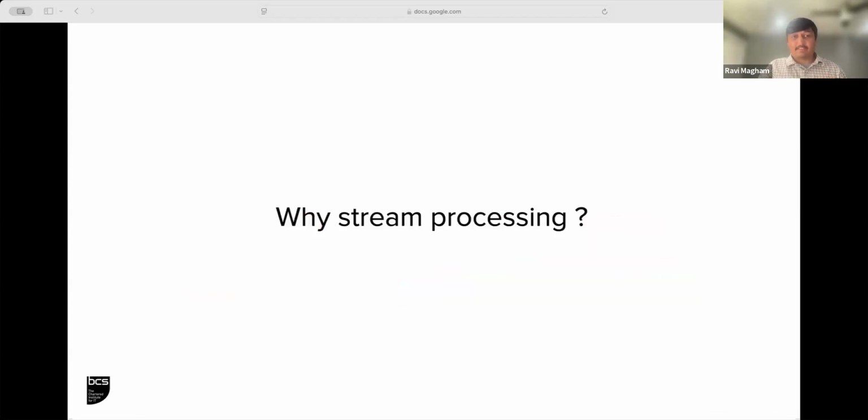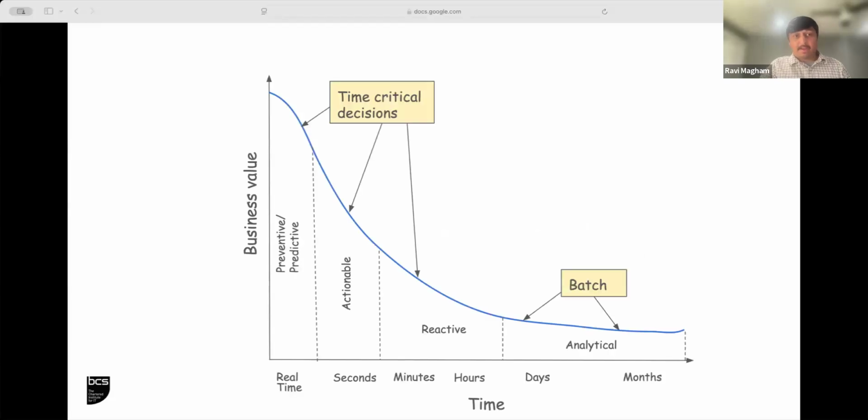And if you have to look into why one does stream processing, or what the use cases are, I want to show this in a pictorial way. A lot of organizations have moved into real-time processing. In the last decade, we have seen a lot of buzz around data being the new oil.